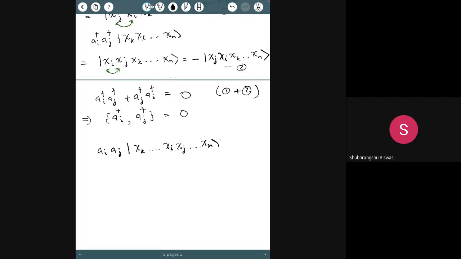Then before I can make A_j act on the function, I have to interchange the relevant orbital with the first orbital, which will get me a negative sign. So that is the only difference when you're working it out.